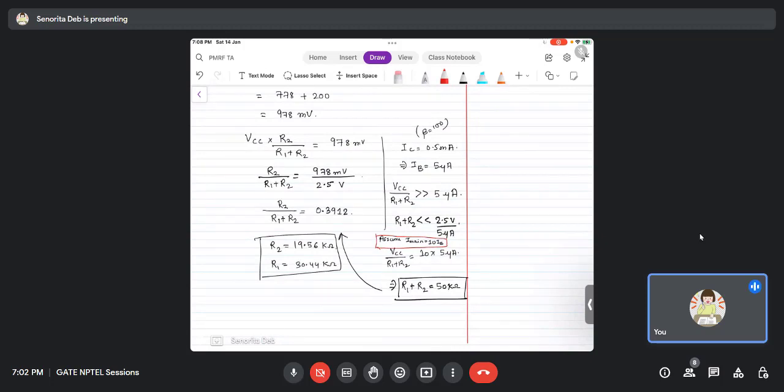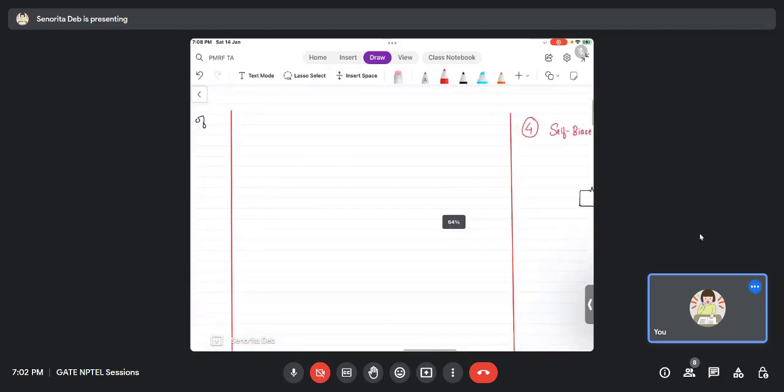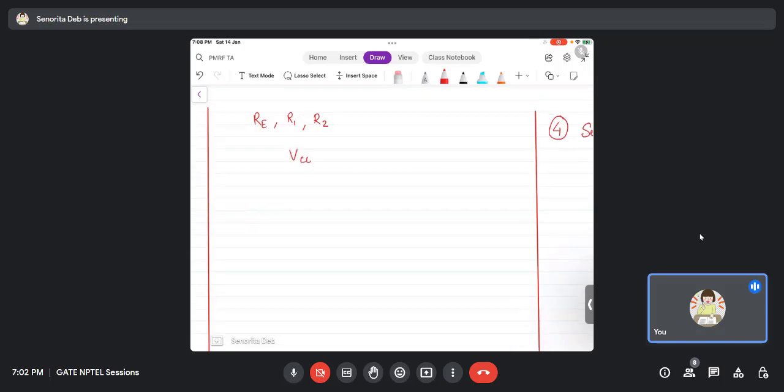Okay, so once you have it, you now have everything in your circuit except RC, right? We have found RE, we have found R1, we have found R2. Now for RC, what will limit RC? You know that VCE has to be greater than VBE, right? And in this case, VBE is defined by what? VTH minus VE, right?